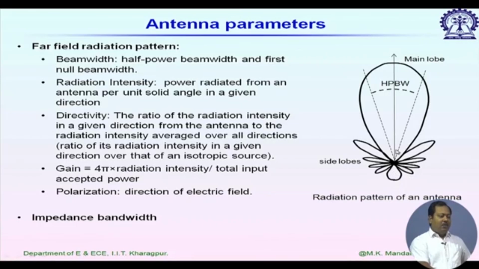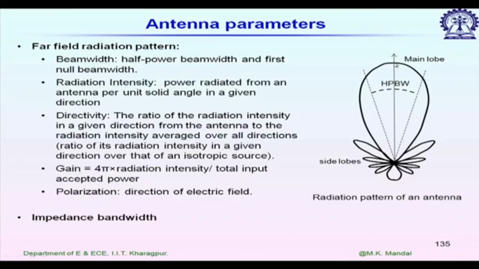Now, one more important quantity is the beam width of the antenna. We can define beam width in two ways: half power beam width and first null beam width. How do we define half power beam width? Let us say the gain of the antenna in the desired direction is given by x, then we come down by 3 dB, and the corresponding angular separation is known as the half power beam width of the antenna.